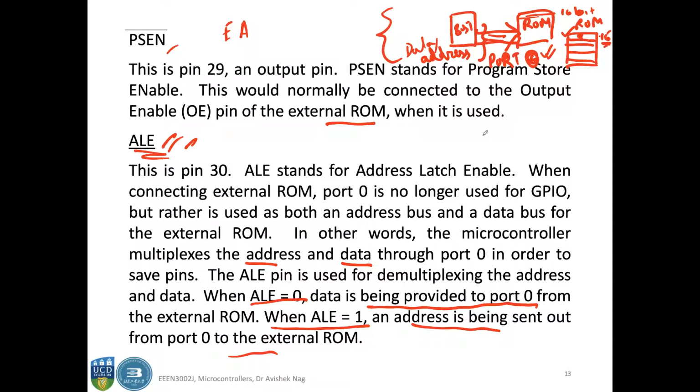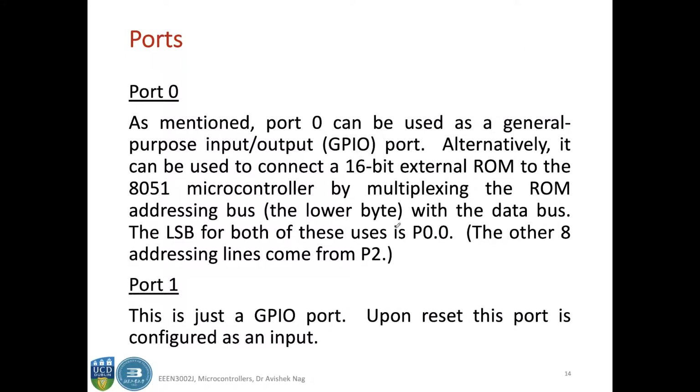So the basic concept is that port 0 is used both for addressing and for data, and to separate those two functions, you use the ALE pin. When ALE is equal to 0, you use port 0 for data purposes, and when ALE is equal to 1, you use port 0 for addressing purposes. So, let's move on to the functions of the ports now.